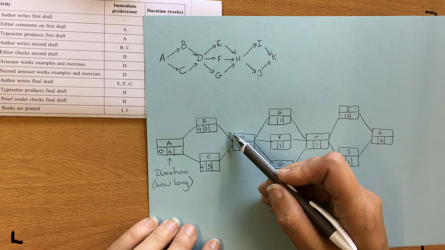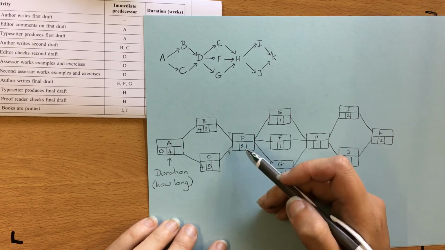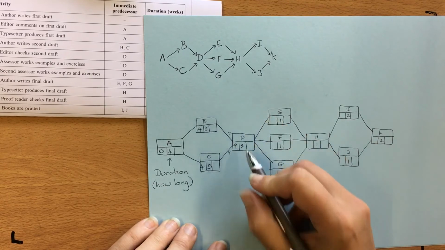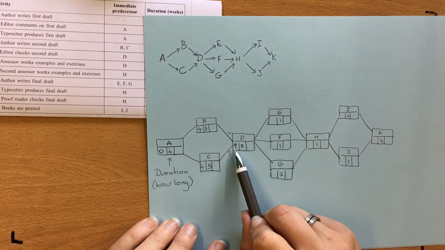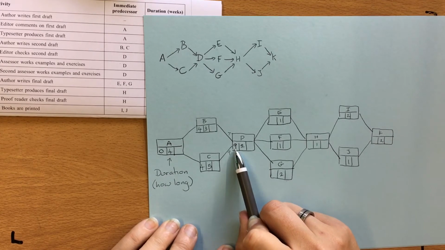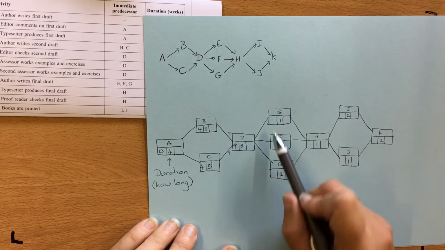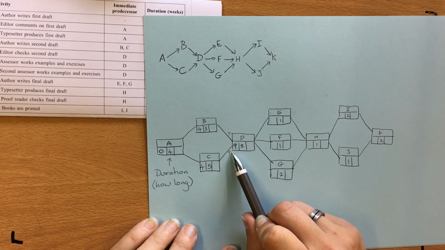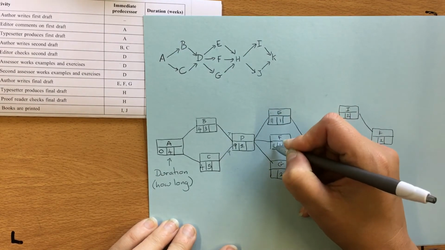If it tries to start at 7, C isn't ready yet, so we have to wait for the slowest thing. So D can't start until it's waited for both of these. So if D starts at 9, takes 2, these guys can all start as soon as D's finished. D will be finished 2 weeks after 9, so these will all have an earliest start time of 11.